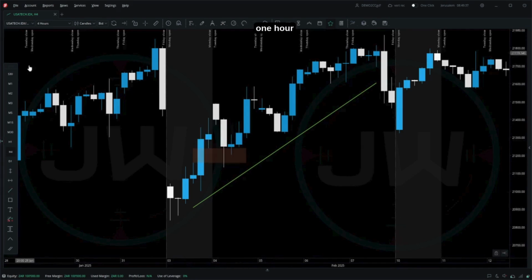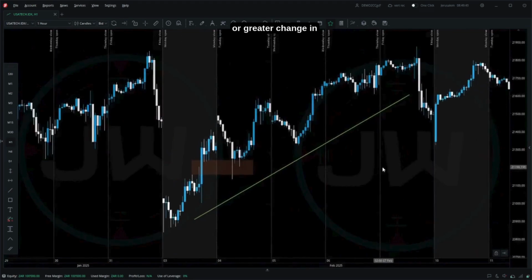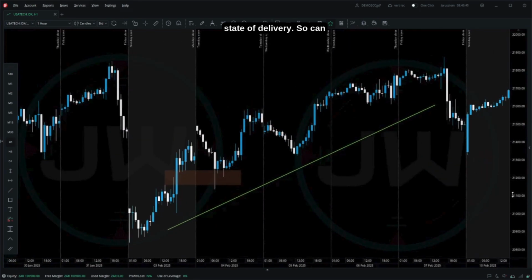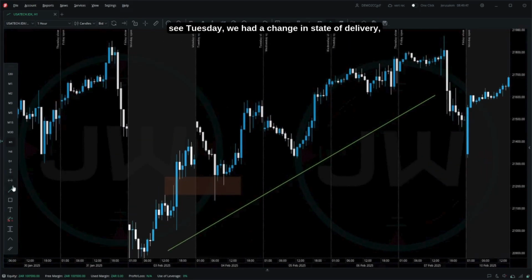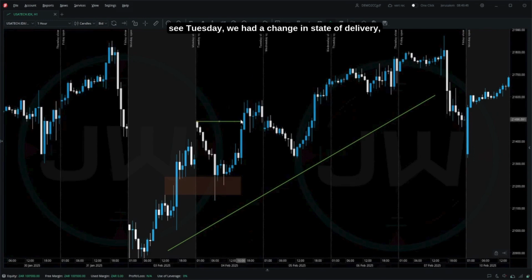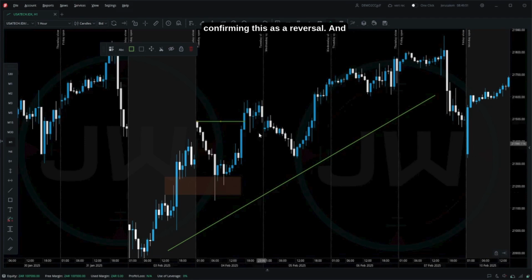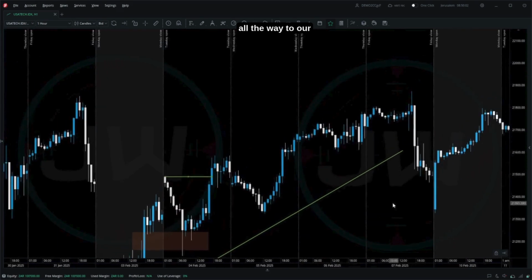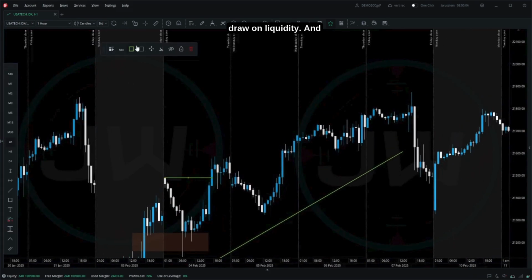The important thing is, if we want to spot the reversal on the day, we want to see a 1 hour or greater change in state of delivery. So you can see Tuesday we had a change in state of delivery, confirming this as a reversal, and from the next day we see price respect that bullish order flow all the way to our draw on liquidity.